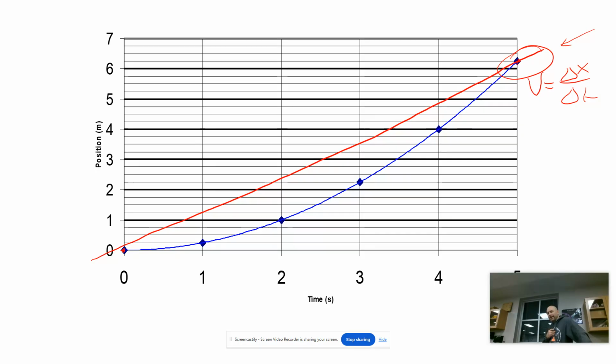We've got this data, and what I could do is make a smaller segment of time. So I could do this. Okay, that's getting closer, right? So what could I do to get even closer still?